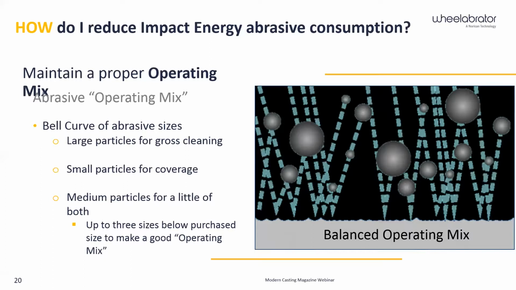But 390 shot, then you want to make sure you have some 330, some 280, and then some 230 shot. Once it gets below that 230, you don't want to keep all the small stuff in there. You don't want to keep your 170, your 110, because that's getting too fine for what you're trying to do with your cleaning. You want to make sure your system is pulling that stuff out, because if you don't, all it's doing is using up amps, power, things like that.